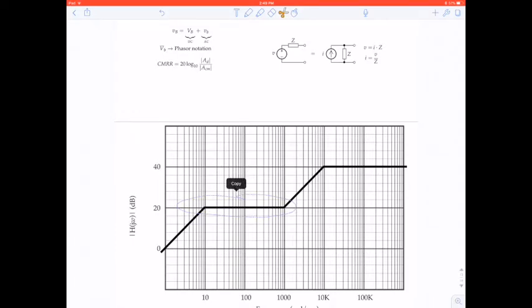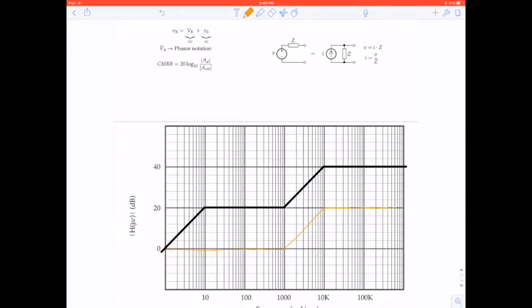That's not actually what that circuit does, so let's sketch in the one that we know we can get. It starts at 0 dB, steps up to 20 dB, and then flattens out like this.